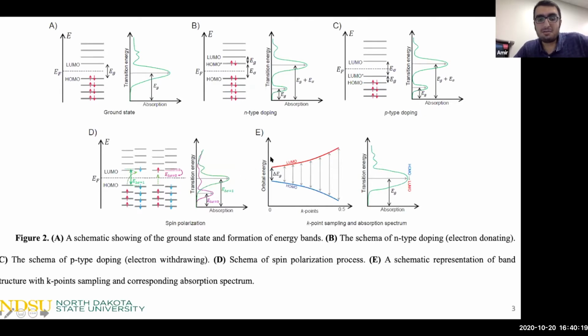And finally, for subfigure E, we did the k-point sampling to sample the Brillouin zone, and for sure there we expect to have an absorption spectrum with lower fluctuation over the transition energy.